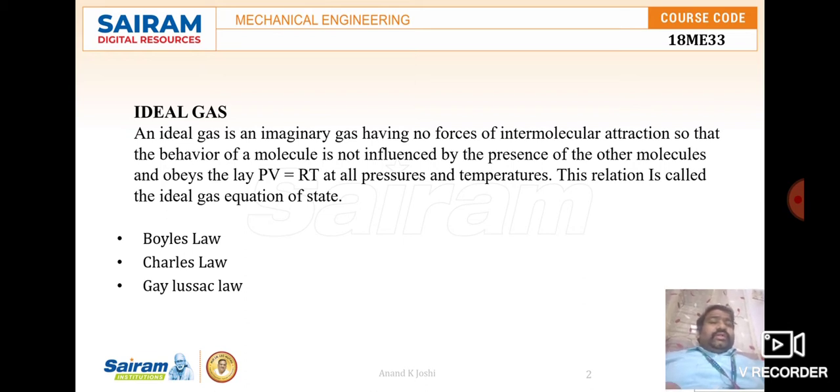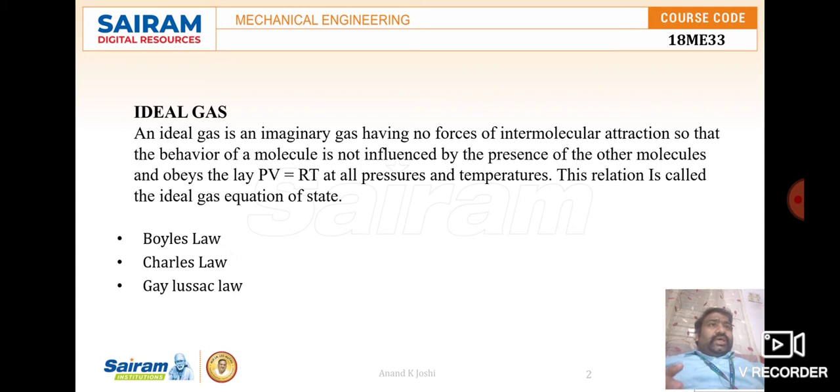So let us understand what is meant by Boyle's law. You already know that for the relation between volume and pressure, one scientist, Boyle, proposed a law: the relationship between the volume and pressure of a gas of fixed amount at a constant temperature.